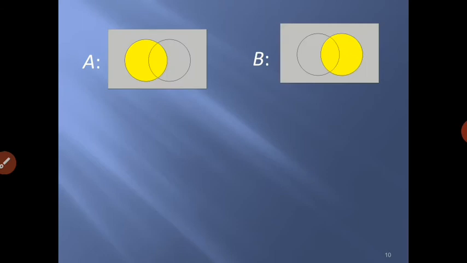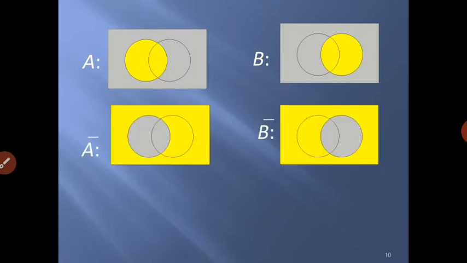Next, again I am considering A and B, and if I am considering A bar and B bar, this is how the Venn diagrams of A bar and B bar will look for a given A and B Venn diagram. So A Venn diagram is only A, and A bar is nothing but other than A, whatever area is there, that you need to encircle like this, and B is only B area, and B bar is nothing but other than B. This is the Venn diagrams corresponding to A bar and B bar.